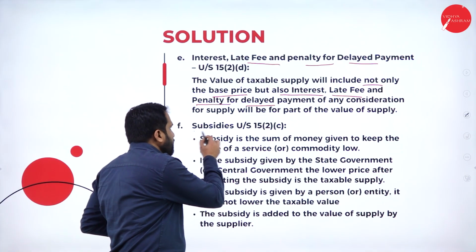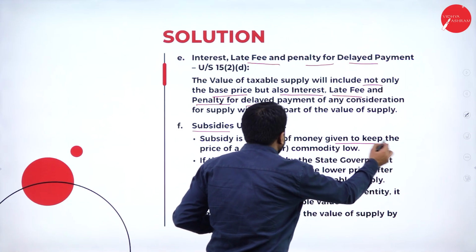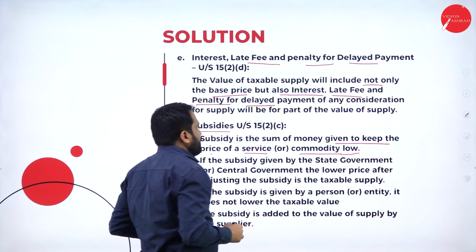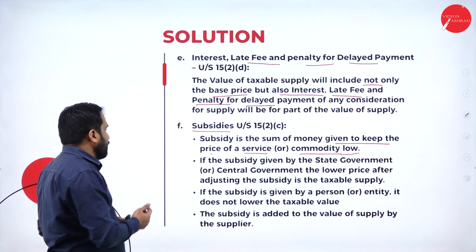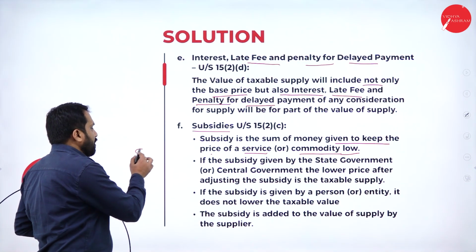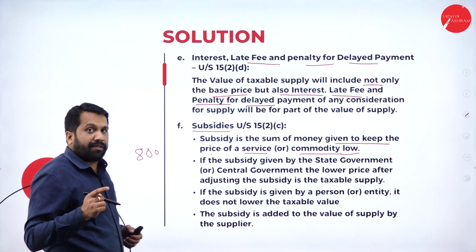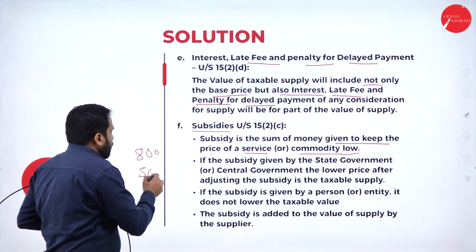Now, subsidies. A subsidy is a sum of money given to keep down the price of a service or commodity. For example, the LPG gas cylinder. A cylinder available for 800, if you are using it for home consumption, you get it for 560.